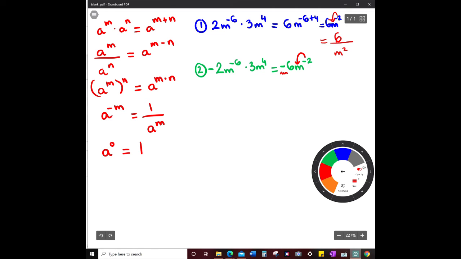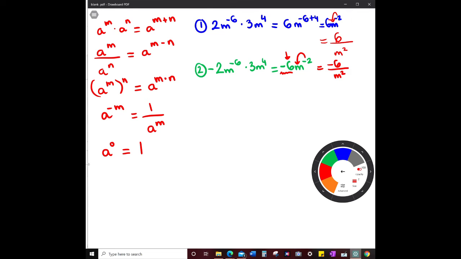However, this negative 6 right here is a number. It's not the negative exponent. Therefore, the final answer will be, yes, m squared still goes to the bottom, but on top we have negative 6. Again, the negative sign in front of your coefficient will not change its position. Only the negative exponent changes the position of the variable or number.